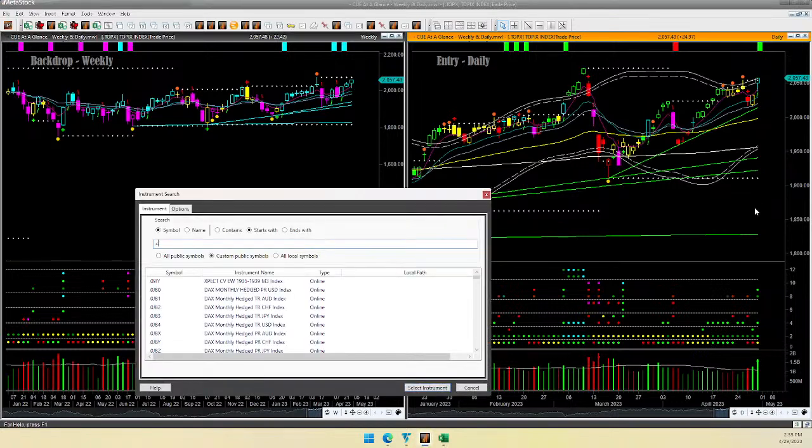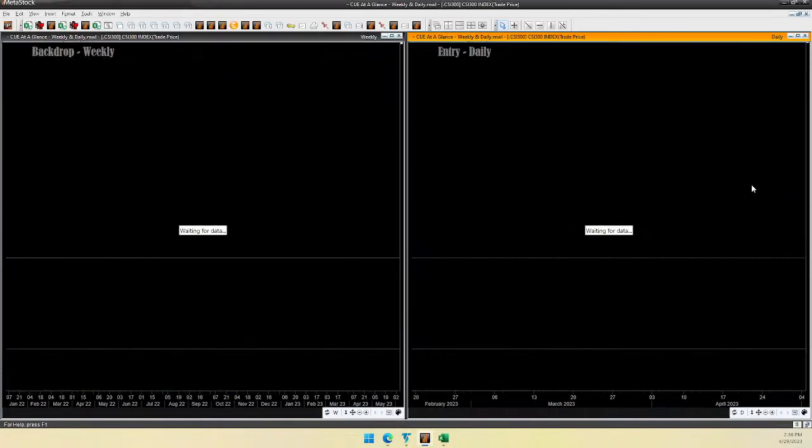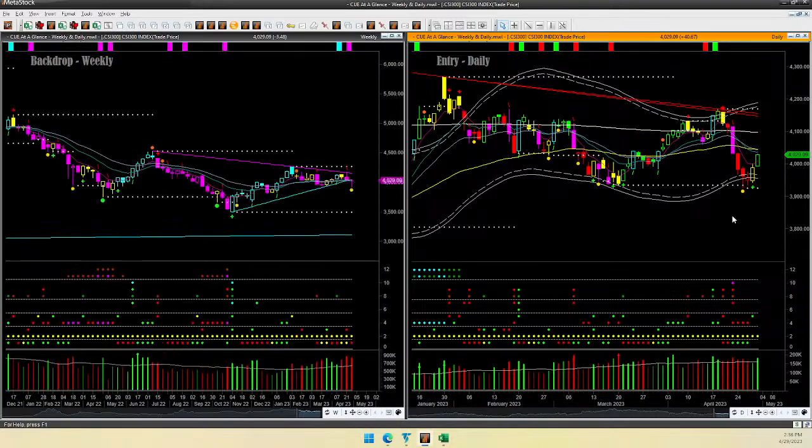China CSI 300. Here the weekly shape is bullish. Price tried to go below the trendline support, and these direction lines closed bullishly with a bullish indecision as well.